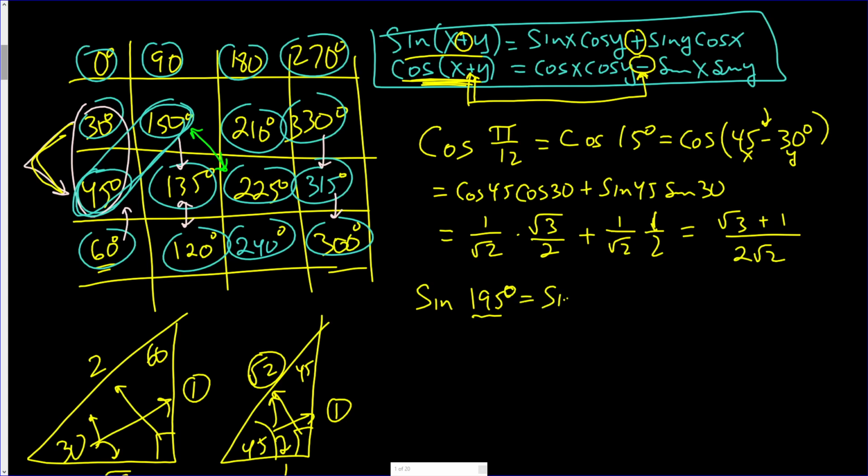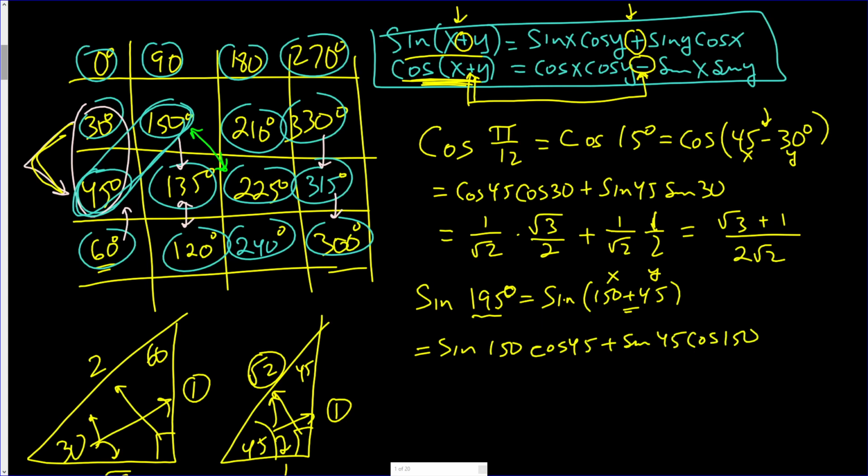Well, we said that we're going to use 150 plus 45. So it's exactly the top rule. No sign change. So this is x and that's y. It's the sine of x times the cosine of y plus the sine of y times the cosine of x.